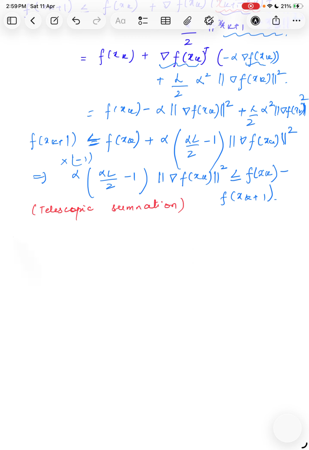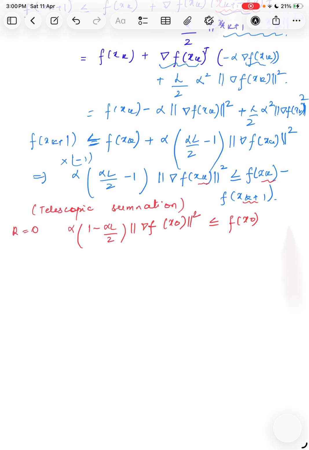So for telescopic summation, our parameter here is k, so I'll start from k equals to 0 and write this equation again. So I'll have alpha times 1 minus alpha L by 2 times the norm of del of f at x0 squared is less or equal to f at x0 minus f at x1.